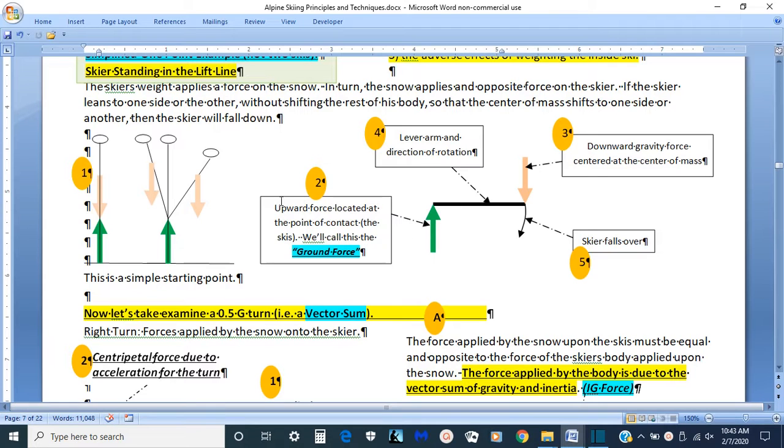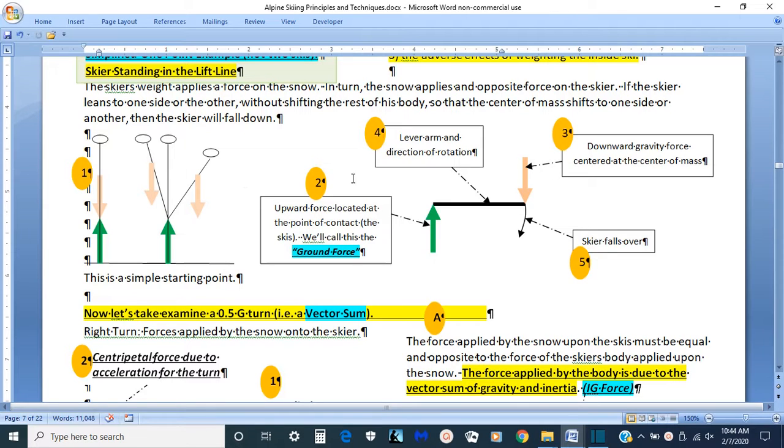The downward gravity force is centered at the center of mass. Really, it's applied to your whole body, but for simplicity's sake, for analysis, we're just going to estimate a center of mass. So that force is applied at the center of mass.